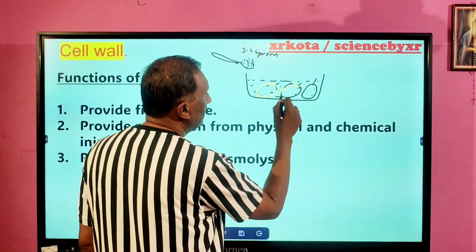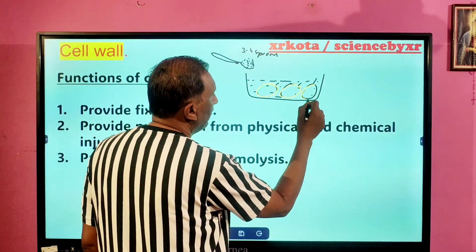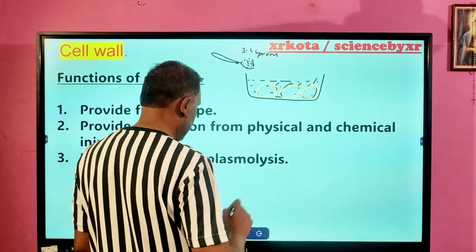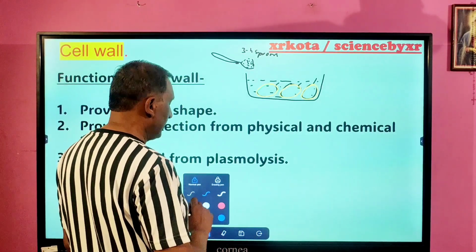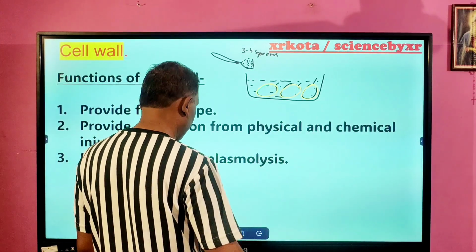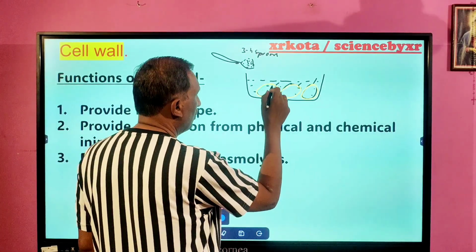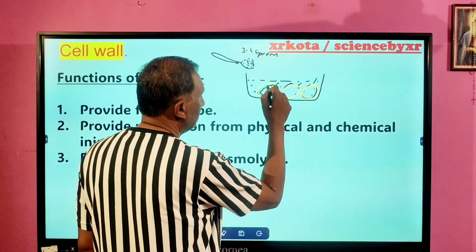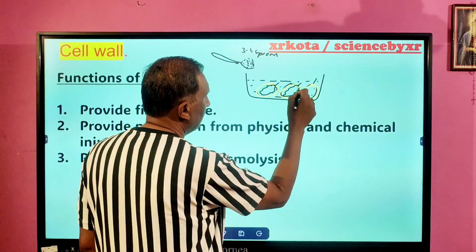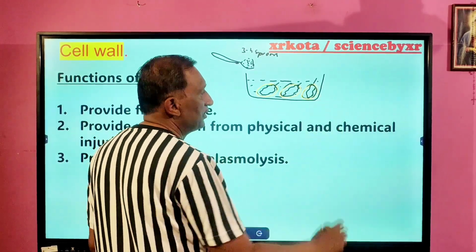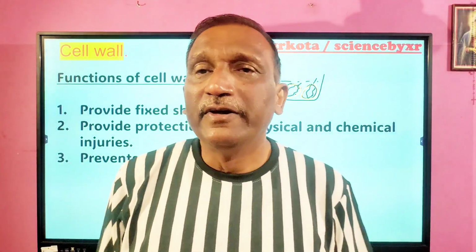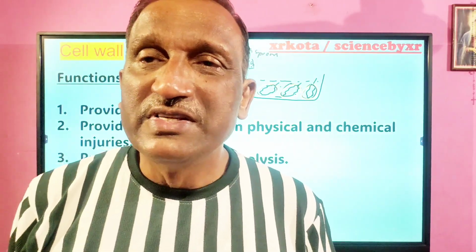So these are grapes. And after 2 or 3 hours, what you find, the grapes will shrink and become black. They will become like this. किशमिश बन जाएंगी. Grapes will change into raisins.